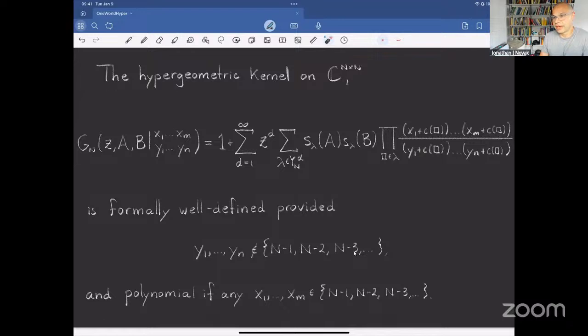And the reason for that is that if you think about a Young diagram with at most n rows, the smallest content it can have is in the bottom left box, and that's going to be 1 minus n. Okay, so just to avoid division by 0. And if any of your upper parameters is an integer less than n, then this is going to terminate, and what you get is a multivariate polynomial.